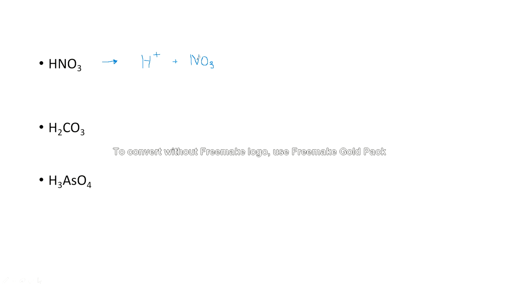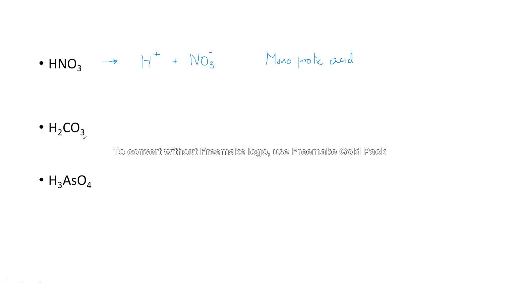It means that the nitrate ion is negative. Okay, so let's check if our chemical equation is balanced. Hydrogen 1, hydrogen 1, nitrogen atom 1, nitrogen atom 1, 3 oxygen atoms, 3 oxygen atoms. So we call it a monoprotic acid.